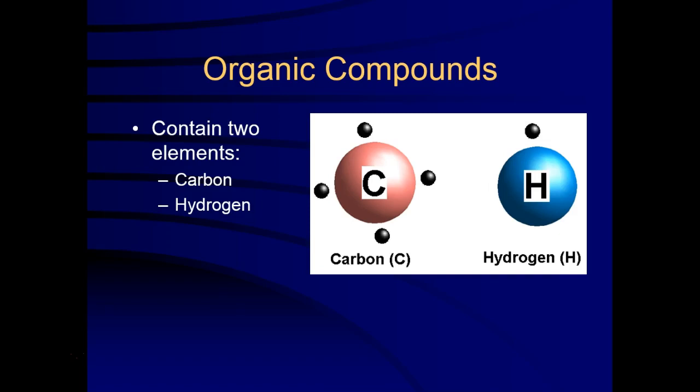It is considered to be an inorganic molecule because even though it has carbon, it lacks hydrogen. So organic compounds always have carbons and hydrogens in them. That's what makes them organic.